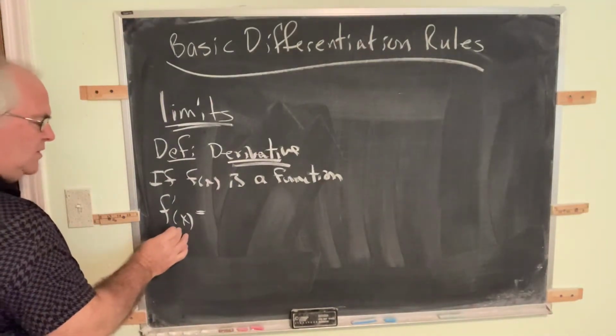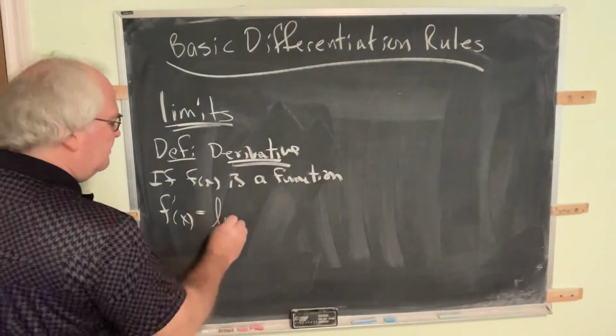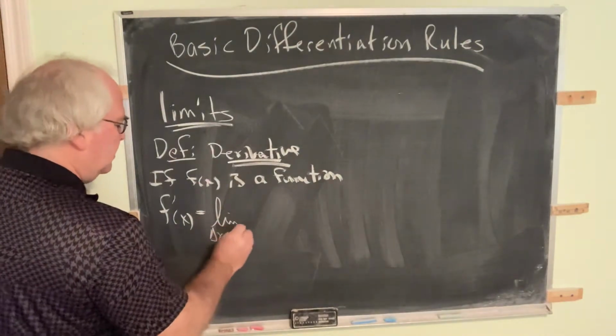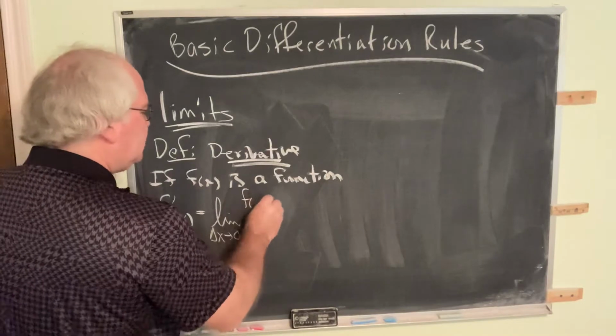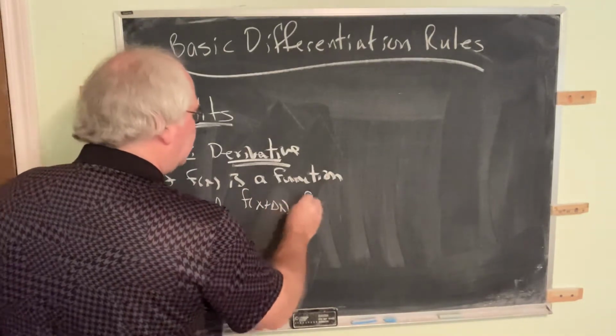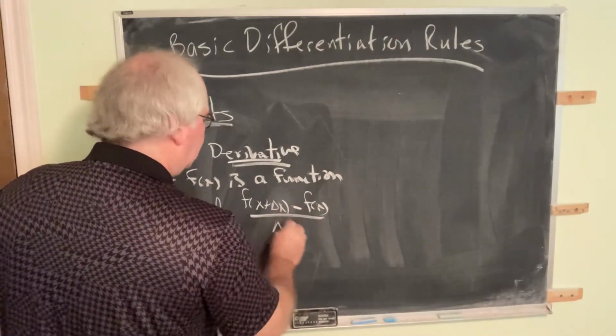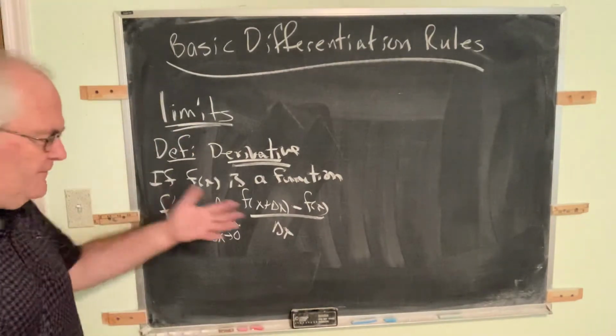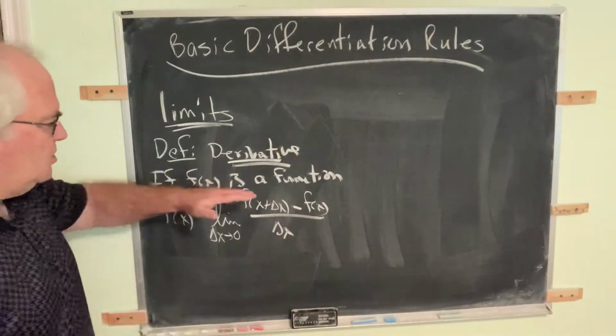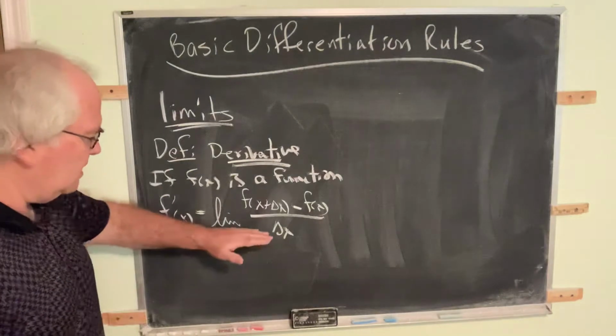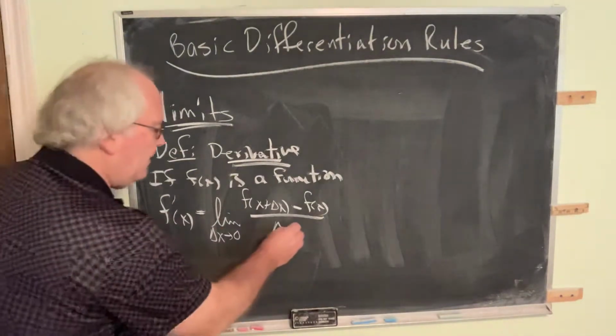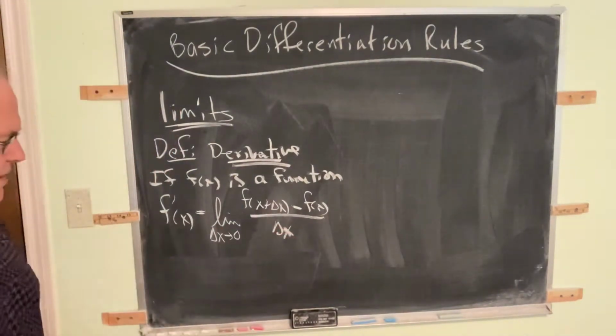This is the symbol for the derivative, and it is found by the limit as delta x goes to 0 of f of x plus delta x minus f of x, all over delta x. Again, if this limit exists. If this function is differentiable, then this limit exists, and then we say this is the derivative of that function.